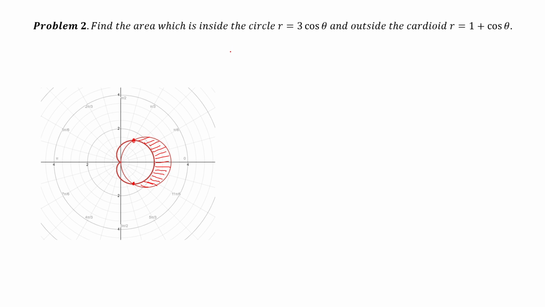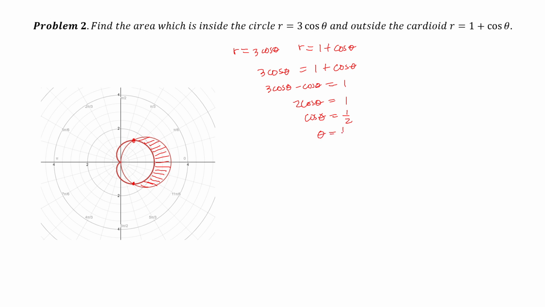But we have to solve. r is equal to 3 cos theta, and the other r, the cardioid, is 1 plus cos theta. So we equate 3 cos theta is equal to 1 plus cos theta. Therefore 3 cos theta minus cos theta is equal to 1, so 2 cos theta is equal to 1, and cos theta is equal to 1 half.